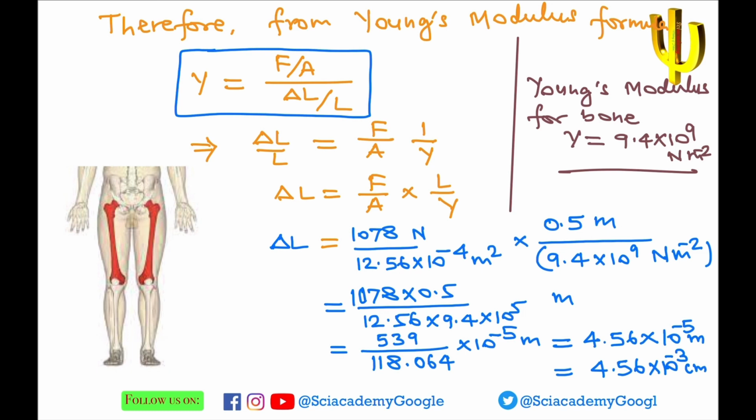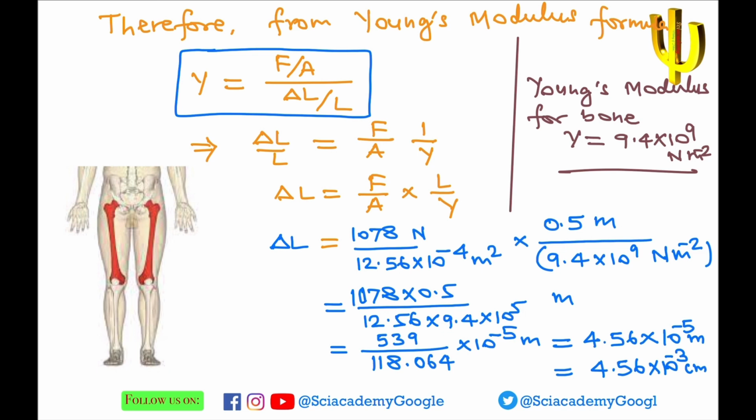This gives the longitudinal strain in the thigh bone, that is equal to stress into 1 by Young's modulus. Young's modulus for bone from the table is Y equal to 9.4 into 10 to the power 9 Newton per meter square.